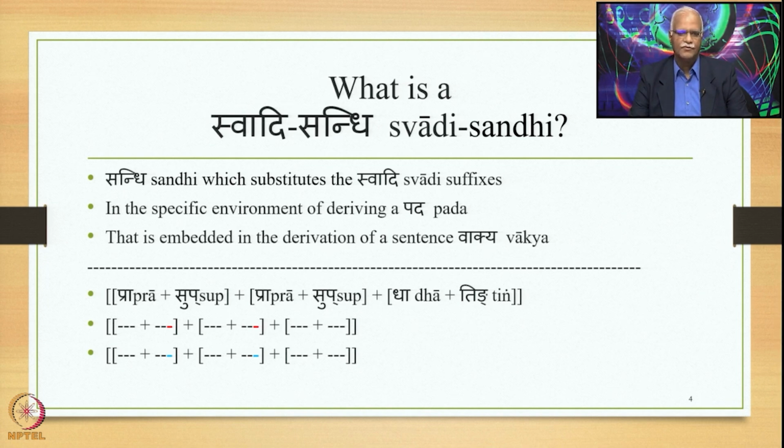So, here we have a template structure of a sentence in which there are three small square brackets within two big square brackets. These three square brackets within the two represent the padas. Each pada internally is composed of a prakriti and a pratyaya with the plus sign indicating the combining of both of them.